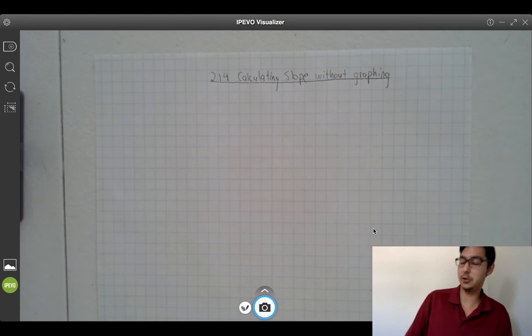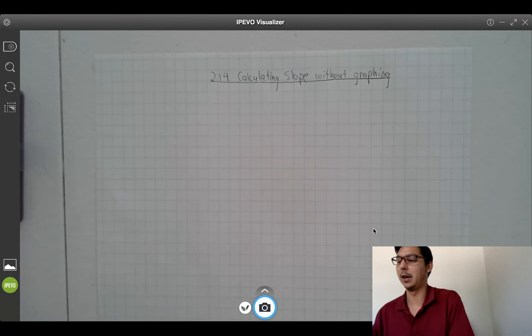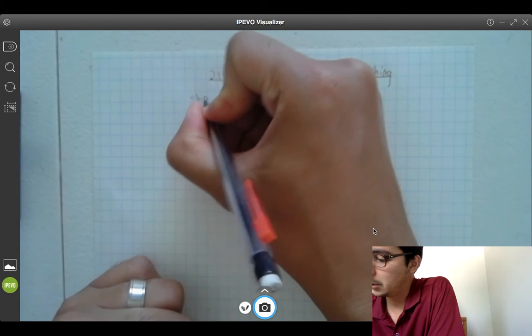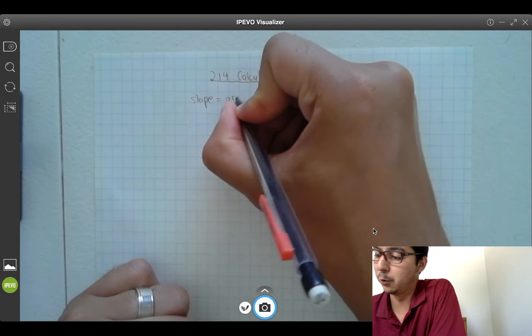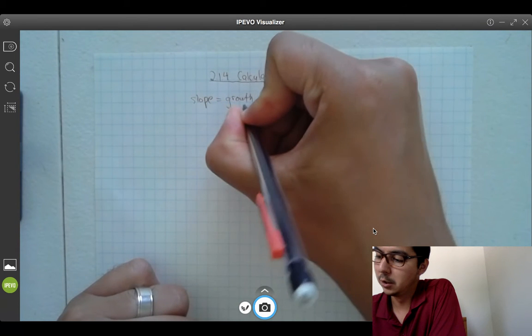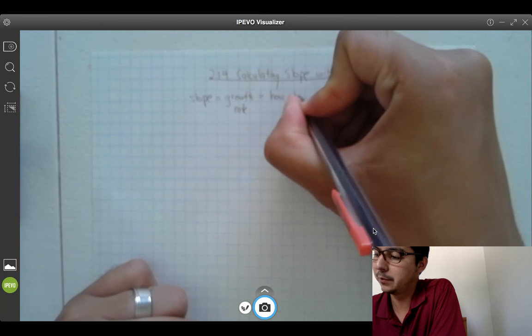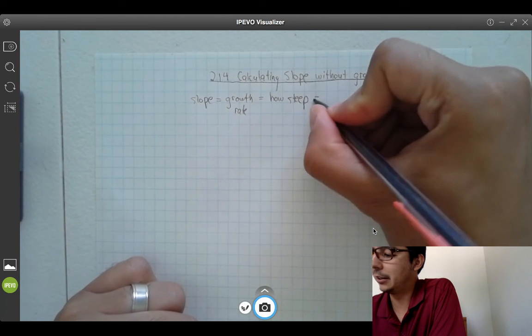So in yesterday's video, you saw how to get the slope from a graph. And remember that slope is just another word for the growth rate, or another word to talk about how steep something is. And I like the one, rate of change.